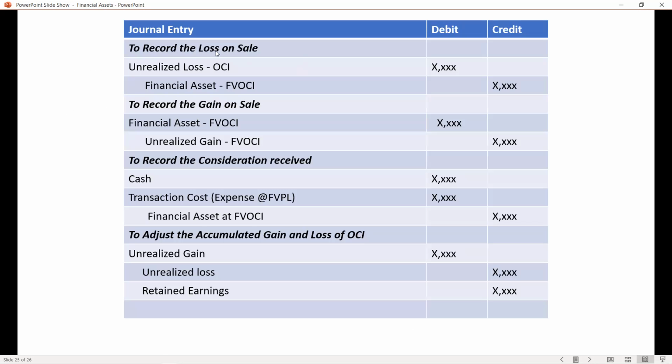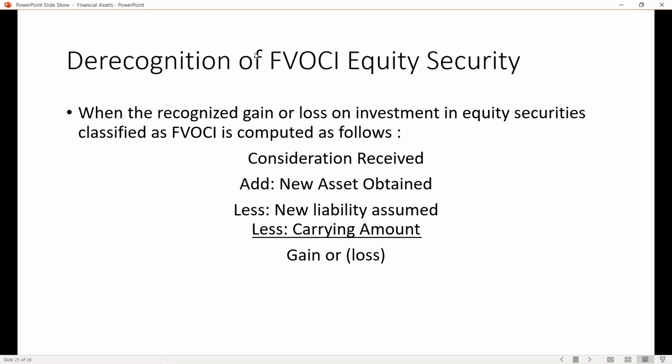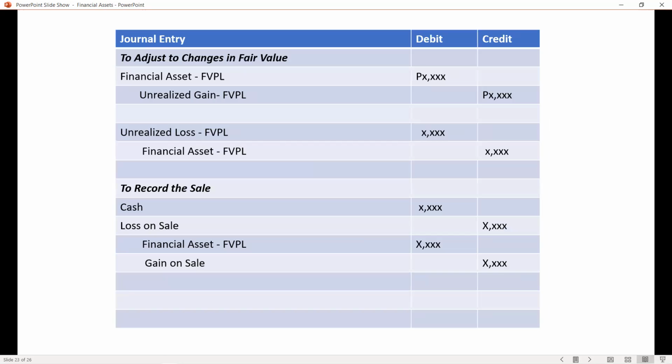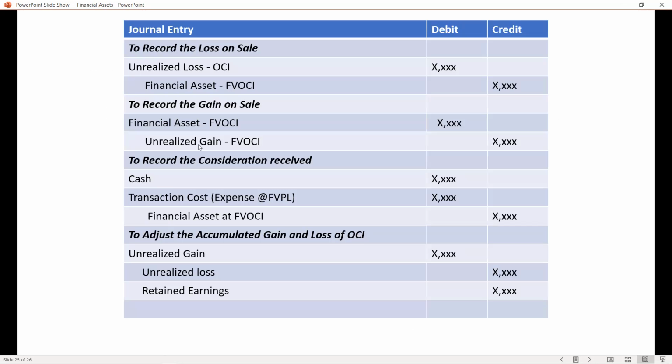Si transaction cost, i-expense mo siya under FVOCI kapag ibebenta mo. Under FVOCI pala guys, wala tayong loss on sale na account. Ang gagamitin natin, yung unrealized loss pa rin under OCI. So kapag unrealized loss, nasa debit side si unrealized, tapos i-credit natin si financial asset.